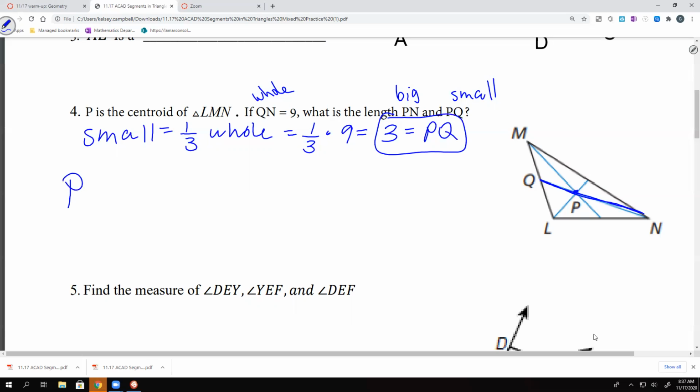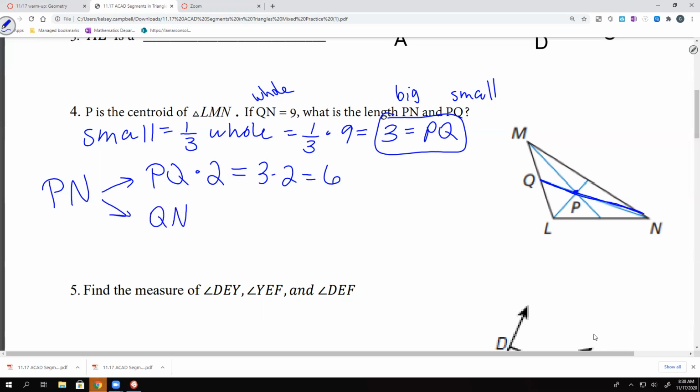So to find PN, no, I'm sorry, I have that backwards. To find PN, you could take PQ times 2. So 3 times 2, which is 6. Or we said we could take QN times 2/3.